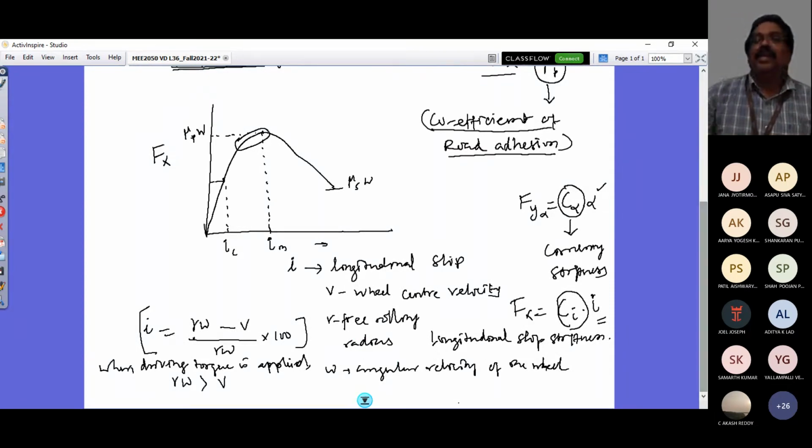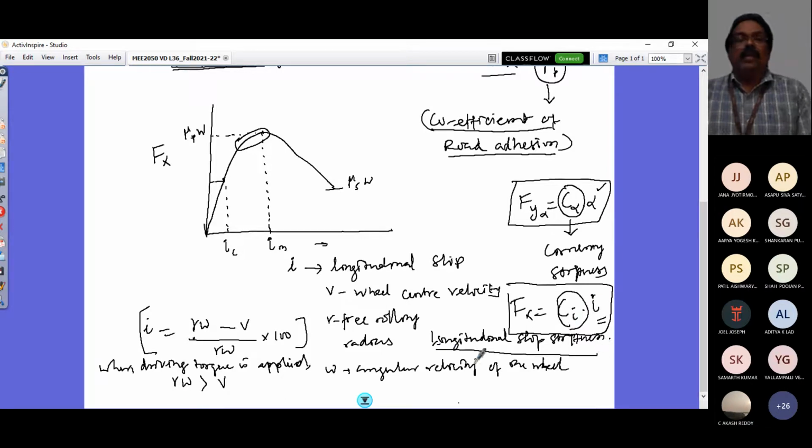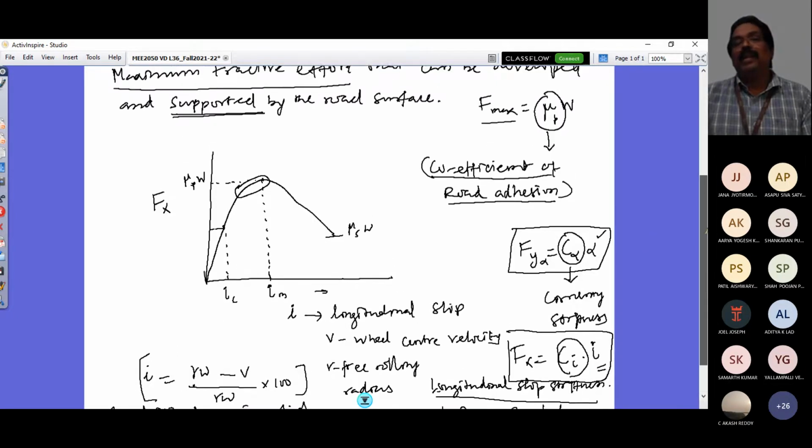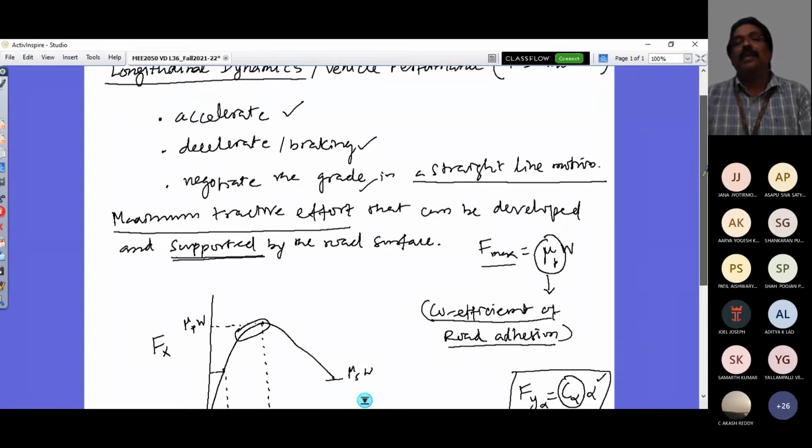Just understand that in an analogous way to the cornering force, we can look at our longitudinal force by this, wherein I'm defining this important stiffness called the longitudinal slip stiffness of the tire. Right? Okay. So this value is limited by mu_p times W. Another thing is how much is being provided by the engine torque.